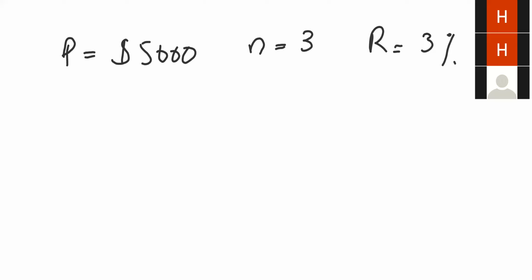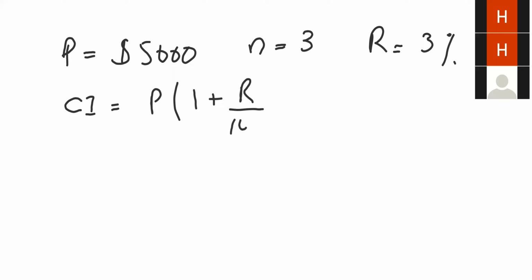We have to find the compound interest on this. So the formula for the compound interest was compound interest equals P bracket open 1 plus R over 100, all to the power N, minus P.